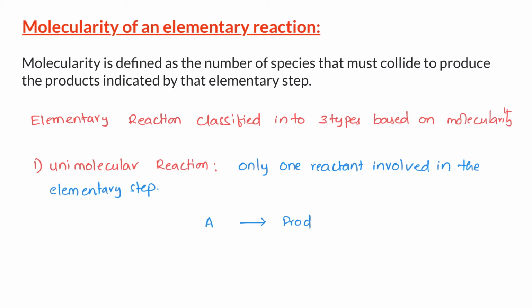The rate law for this elementary step is rate equals k times the concentration of A. Again, note that we deduced the rate law from the balanced stoichiometric equation only because this is an elementary reaction.